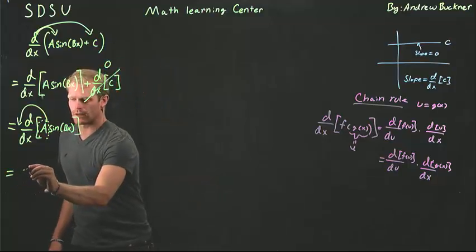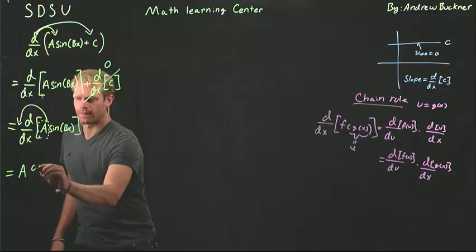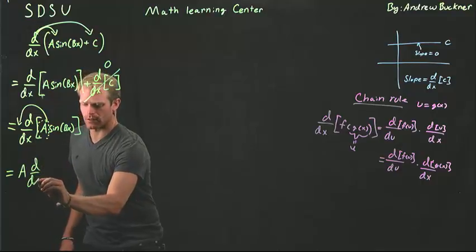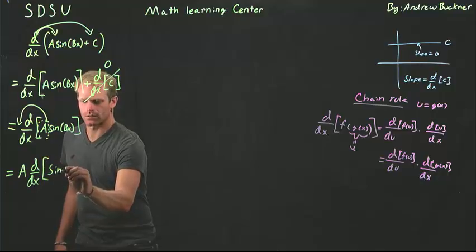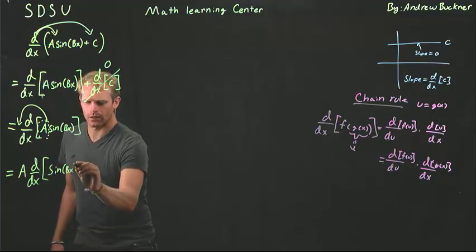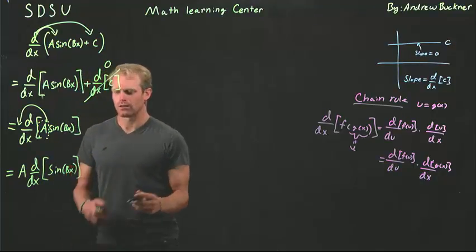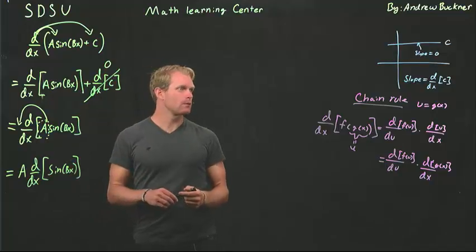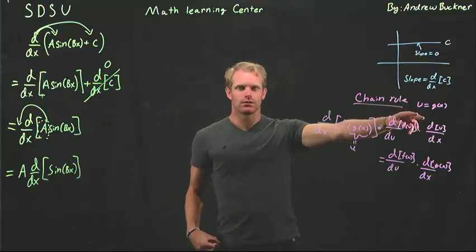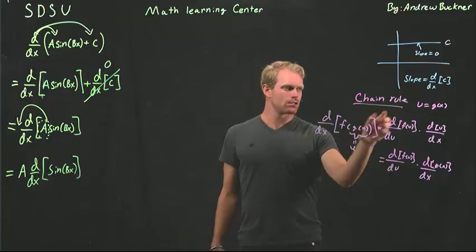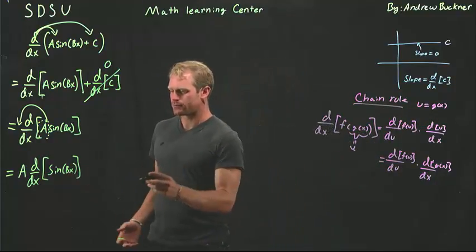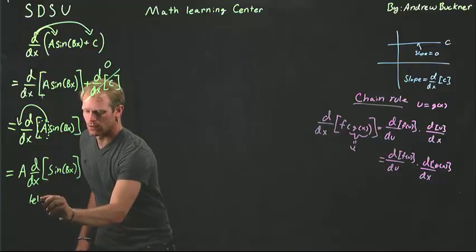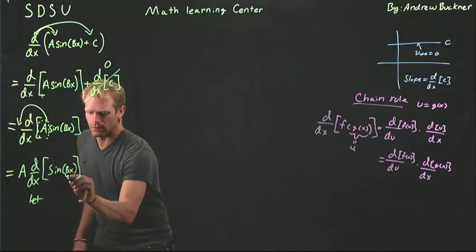So I can rewrite this as a times the derivative with respect to x of the composite function sine bx. And we're going to do the same thing we did over here: I'm going to let my u equal my inner function g of x, my bx term here.